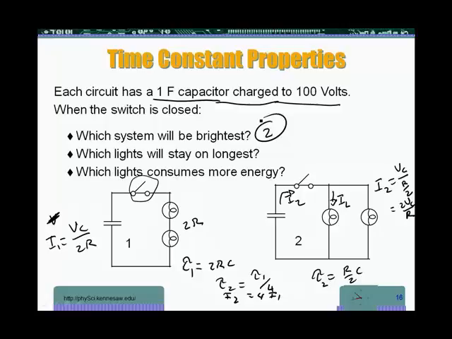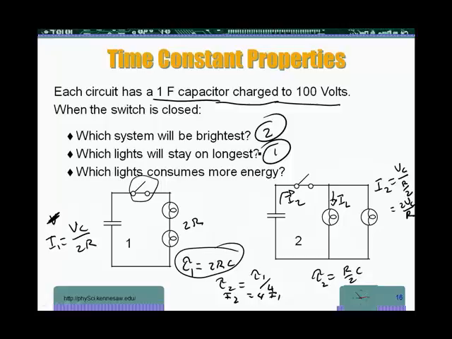Which system will stay on the longest? Obviously, it's going to be the one that has the larger time constant, which is system 1. Which light consumes more energy? Okay, and this is a trick question, because where would the energy come from?